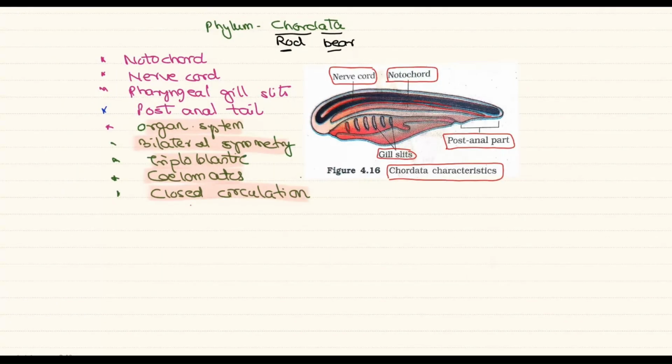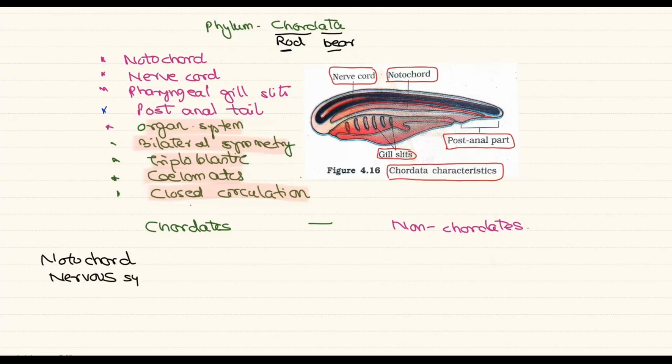Let's quickly see the difference between the chordates and the non-chordates. We'll see some basic structures like the notochord, the nervous system, the pharyngeal gill slits, the position of the heart, and the position of the tail.